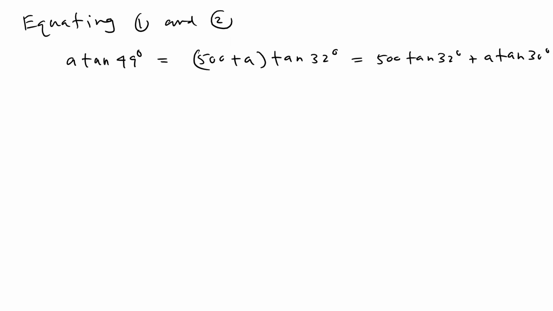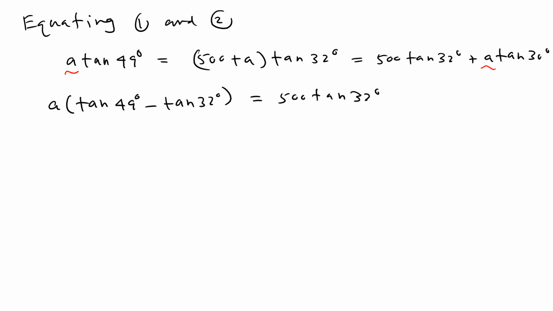Now I'm going to move all the terms with A to one side. So you can write this as A times tan 49 minus tan 32, which equals 500 tan 32, and then we can solve for A. So A is simply 500 tan 32 divided by tan 49 minus tan 32.